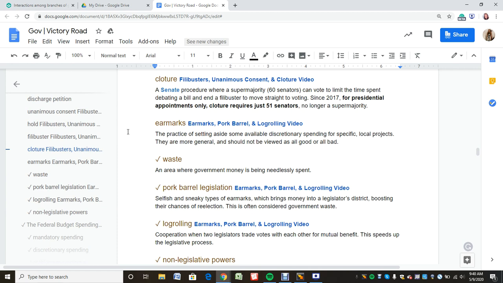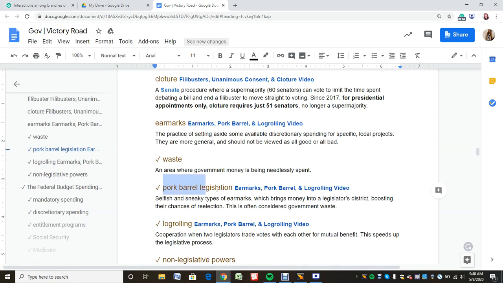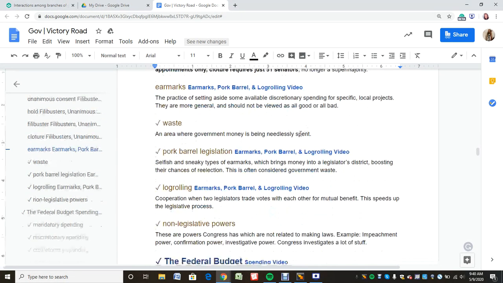And so, a bad type of earmark would be something called pork barrel legislation. So, think of it as pork. You're just kind of beefing something up. Oh, I hate that pun. I can't explain it any other way. You're just kind of beefing up your legislation so that those legislators, those in that district, are like, "Yeah, we like your legislation because it benefits us."